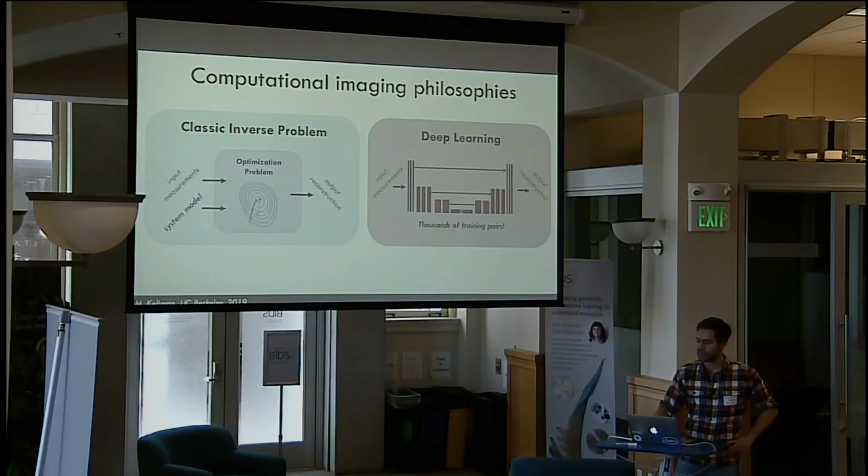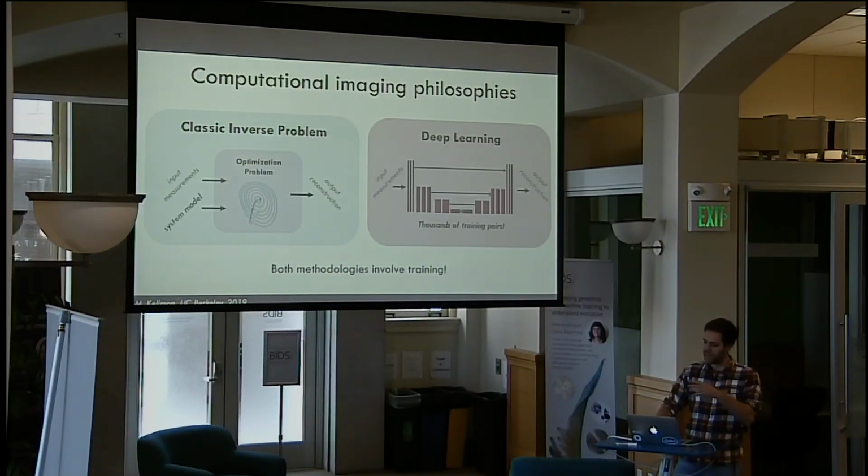And so I want to be very clear, both of these methods still involve training. Deep learning uses a data set for that training with an objective function and gradient-based methods, whereas for classic methods, the training is done by eye with an expert hand tuning the hyperparameters of the system. And it's usually done by a grad student like me.